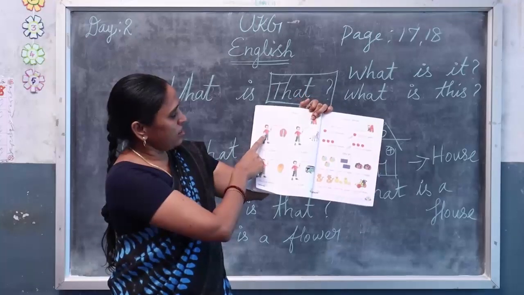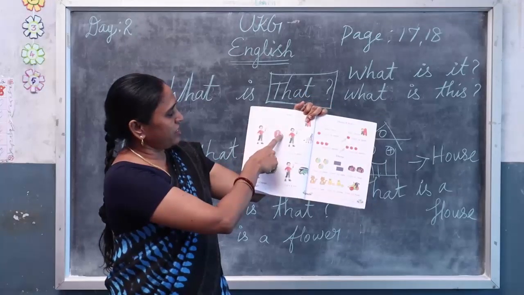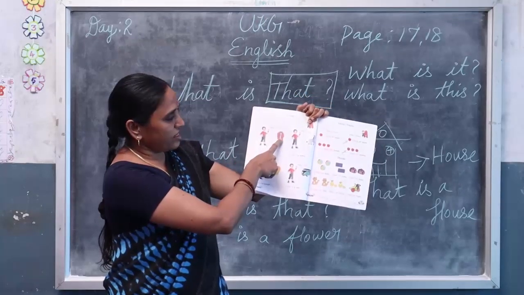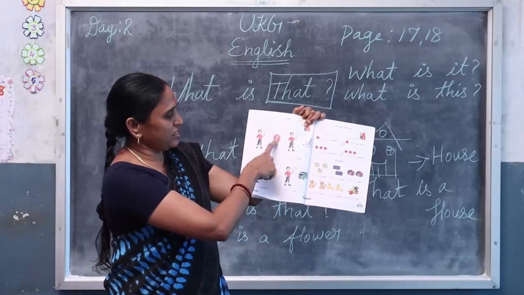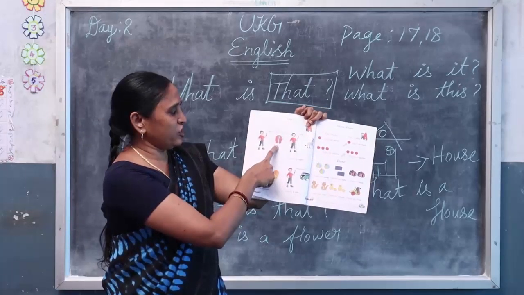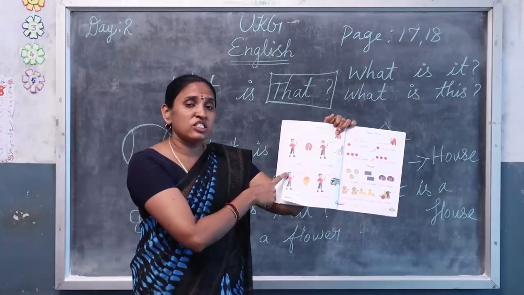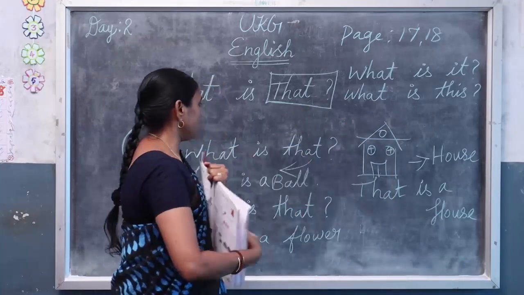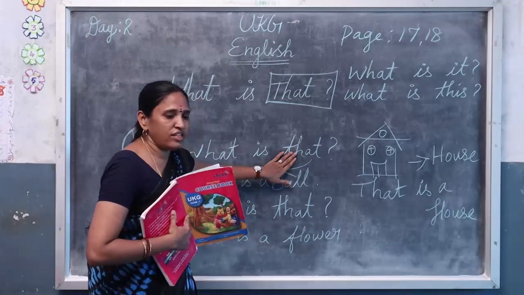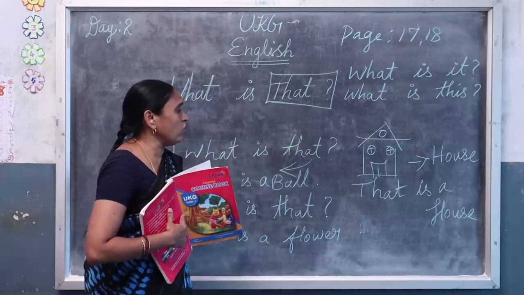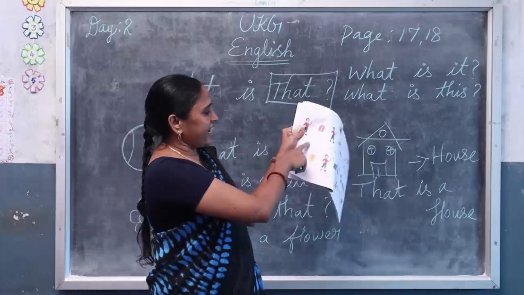The first picture, the boy says the question. What is that? The picture is a jacket. So you have to answer. Start with your answer. The last word is that. So that is a jacket.